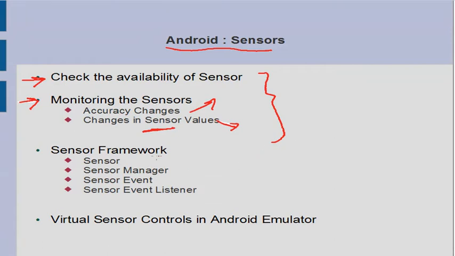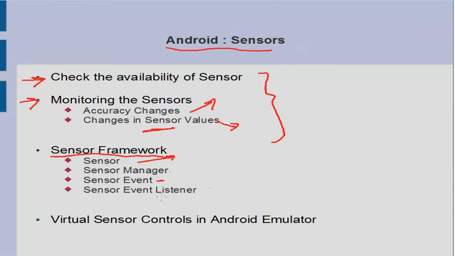So we have a sensor framework, or a library for the sensors, that has different kinds of classes or interfaces that we can use to check if a certain sensor is available, get its states or accuracy, and monitor the changes in the value of the sensor. First we have these classes: the sensor class, the sensor manager class, the sensor event class and the sensor event listener class in this framework or library.